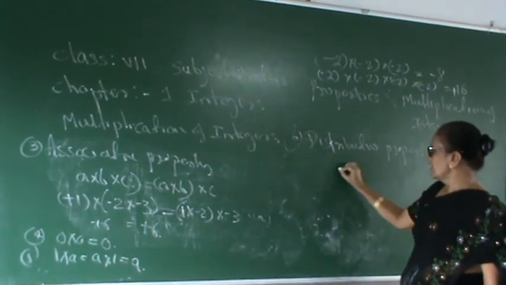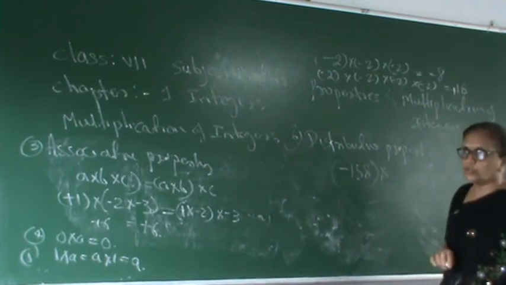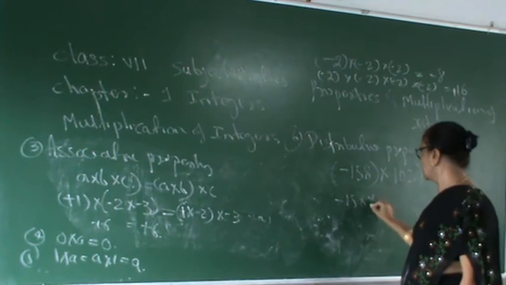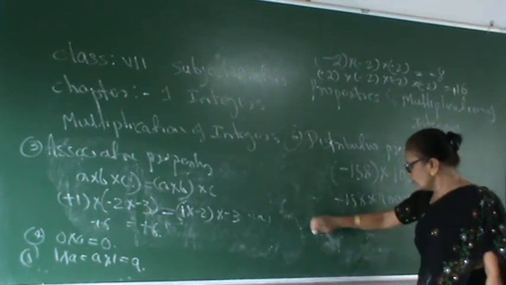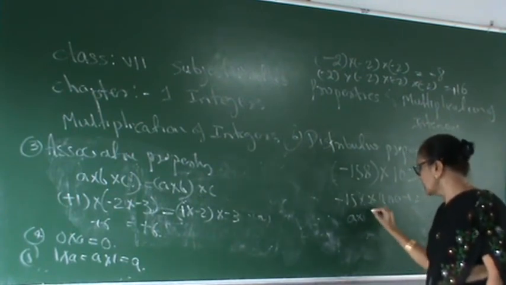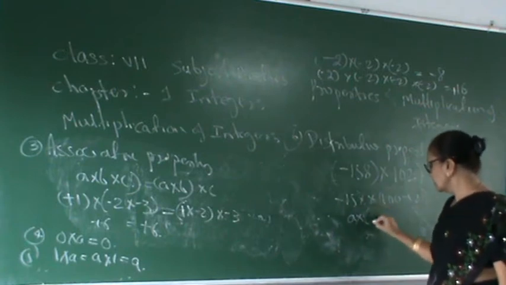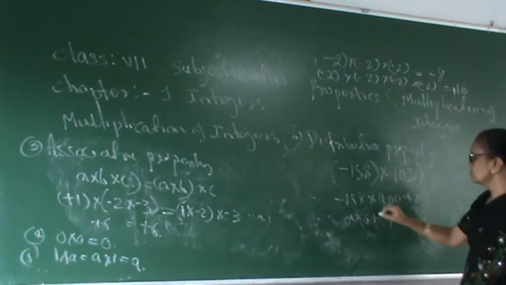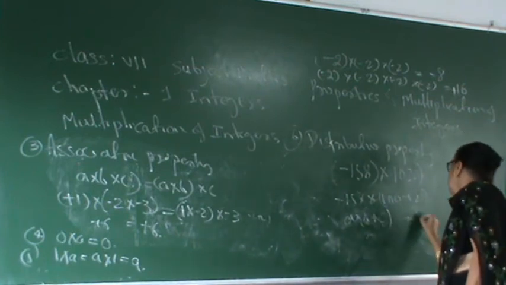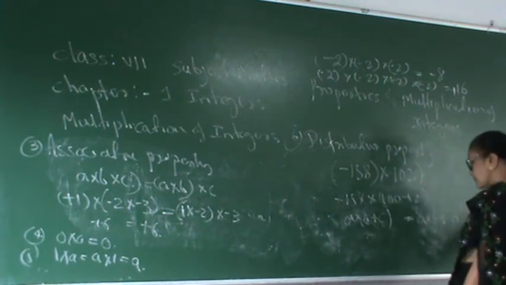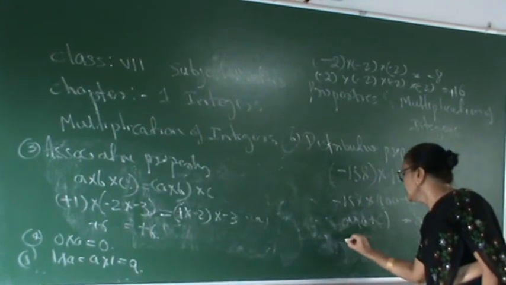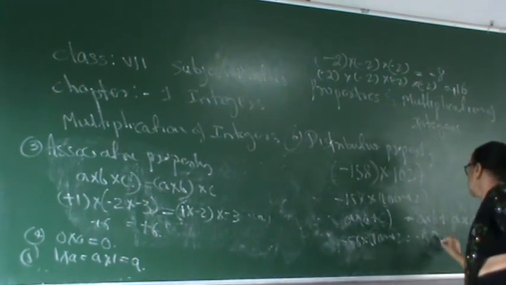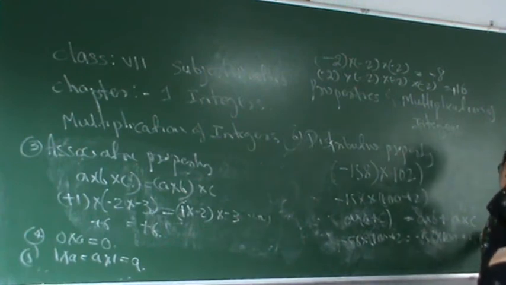Suppose minus 158 into 102. Instead of 102, we are multiplying with 100 plus 2. A into B plus C we will write as A into B plus A into C. Here, A is 158 into 100 plus 2, which is 158 into 100 plus 158 into 2.